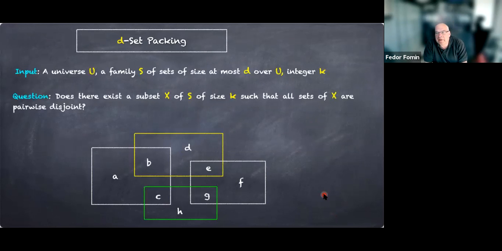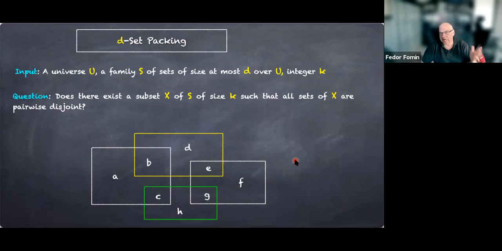Now the algorithm for d-set packing. D-set packing is a kind of dual to hitting set. The input here again is a universe U, a family S of sets of size at most d over U, and an integer K. Now we are asking if there are at least K disjoint sets in the family S. In this example, with exactly the same set family, these two sets are disjoint, and this is a yes instance for K equal to 2.